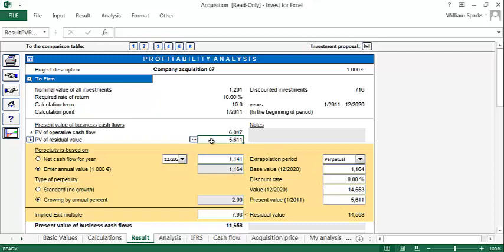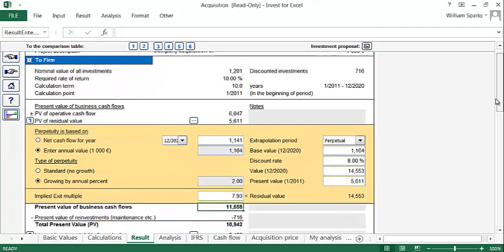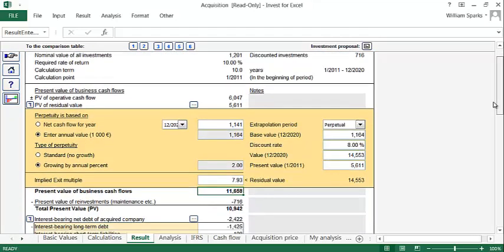Your present value 6 million of 10 years and then present value 5.6 million of the rest. That's the terminal value. And those two are added together, and below the yellow you see 11.6 million, which is 5.6 plus 6.